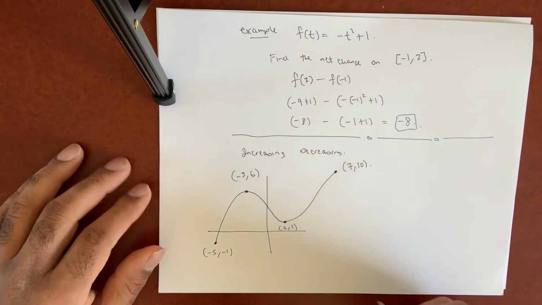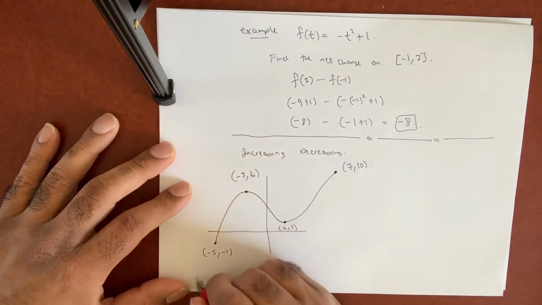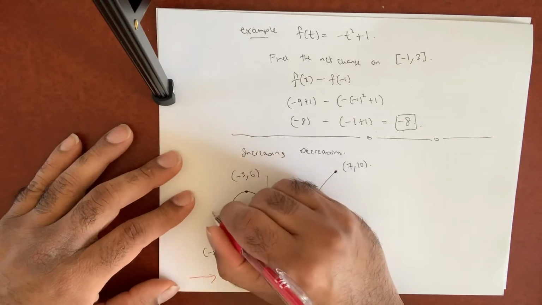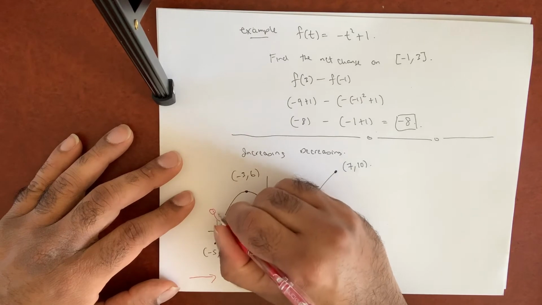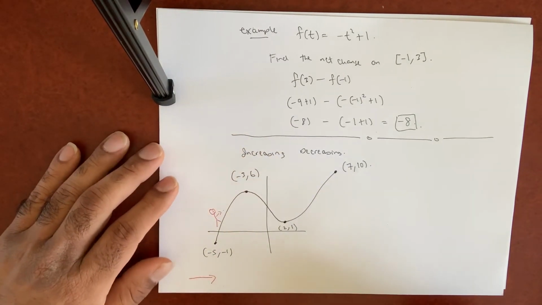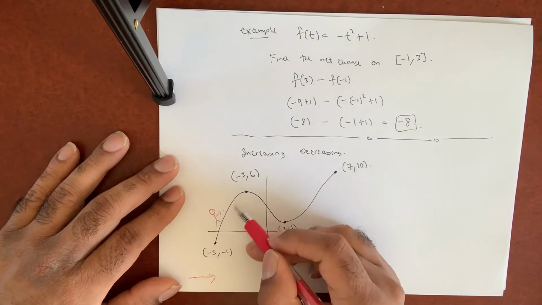Now, you can imagine yourself traveling from, we always orient from left to right, so we're going this way. You can imagine yourself, say, climbing this hill. Apologies for the poor drawing here. But essentially, you're going uphill here, right?